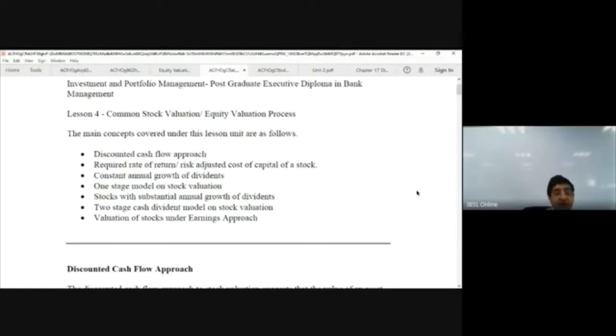Under these concepts, we try to get the price of a stock. The first thing is called the discounted cash flow approach, and we discussed some of it last time.